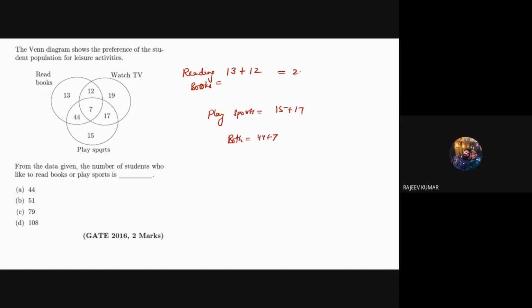So this will become 25, this will become 32, this will become 51. You need to add these three: 25 plus 32 plus 51. The final answer will be 108. Option D.